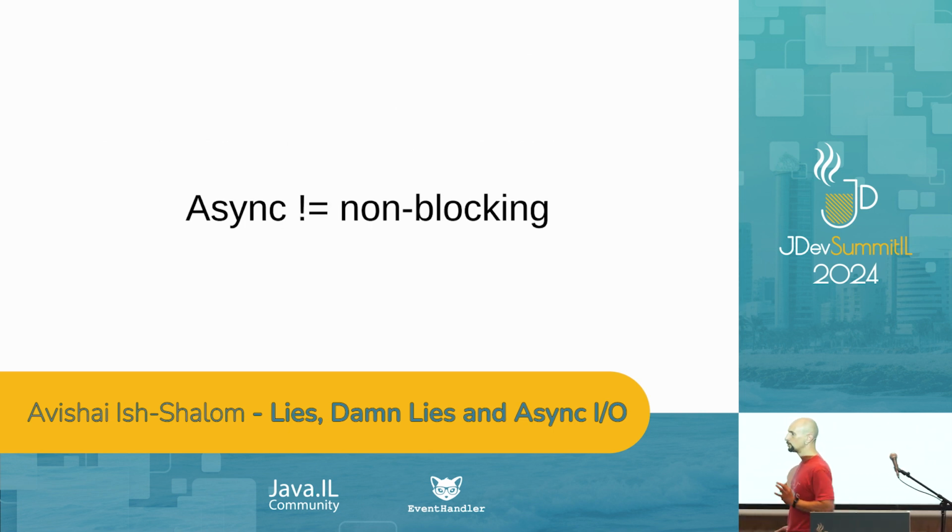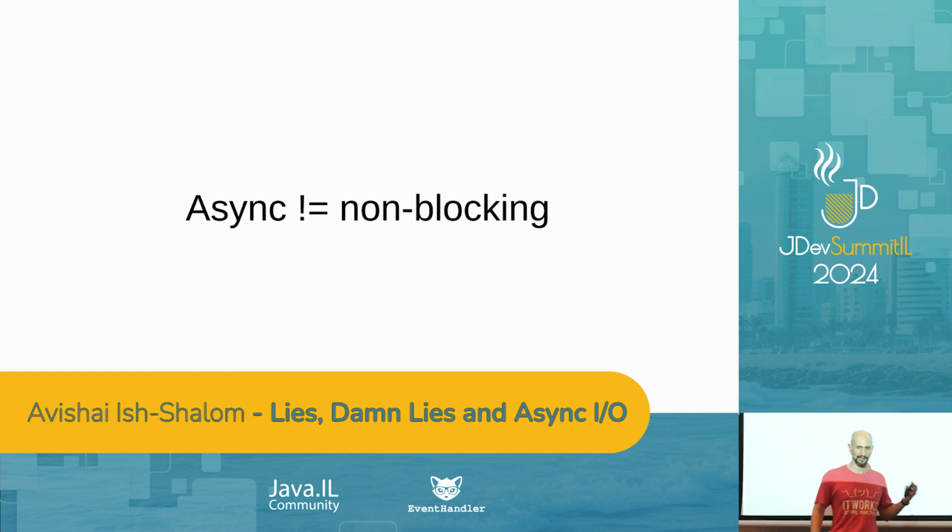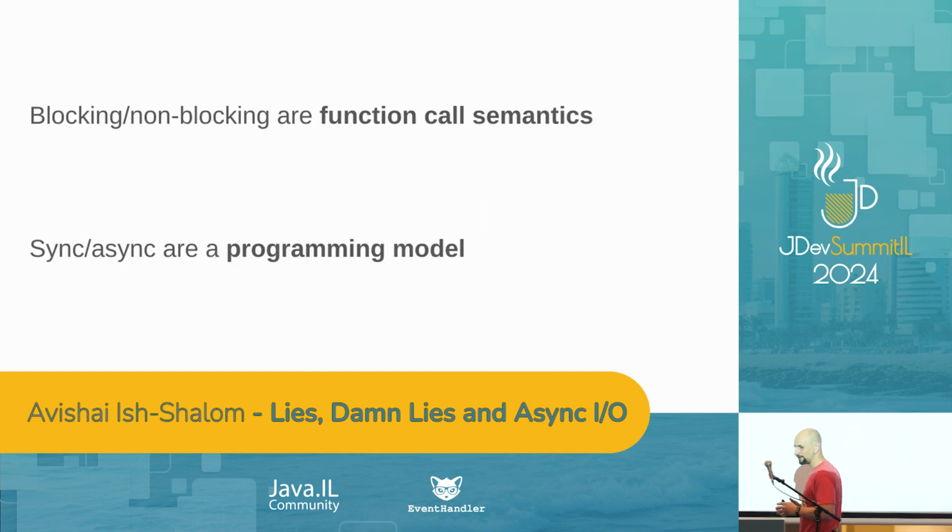Now, there is a common confusion, which is async IO versus non-blocking IO, or async in general, non-blocking in general. They do not mean the same thing. And it's important that we talk about this for a bit. So, blocking and non-blocking, okay, those terms actually mean function call semantics. They relate to how functions are called and how we get a response to them and the amount of time and control that we have between when we call the function and when we get a response.